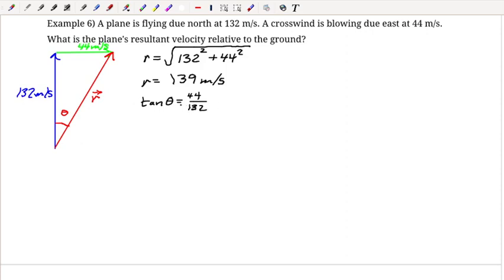If I inverse tan that, gives me an angle theta of 18.4 degrees. Put it all together for my final answer. R equals, our arrow is 139 meters per second at 18.4 degrees. And thinking rotation now, starting at north, rotating towards the east, this is going to be east of north.